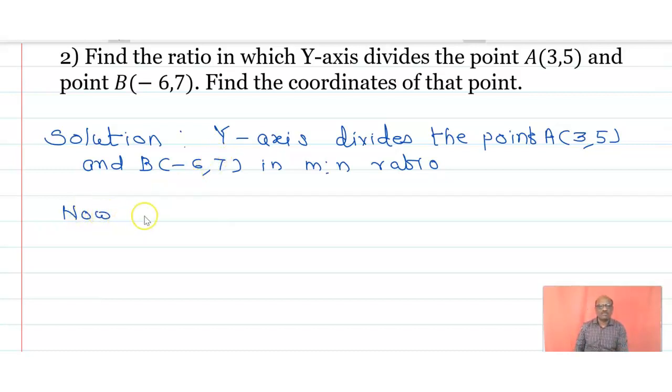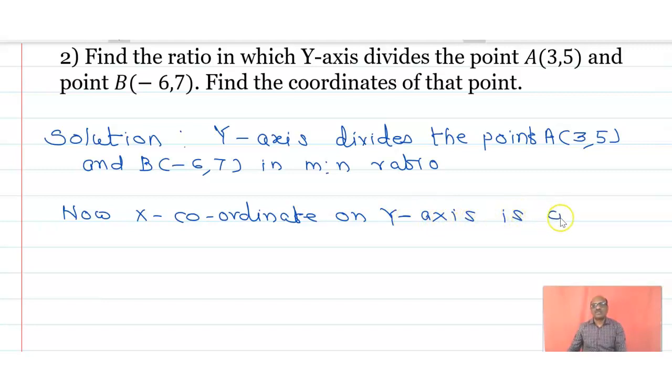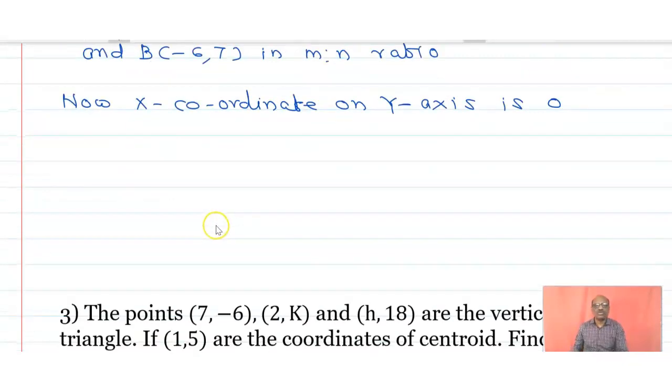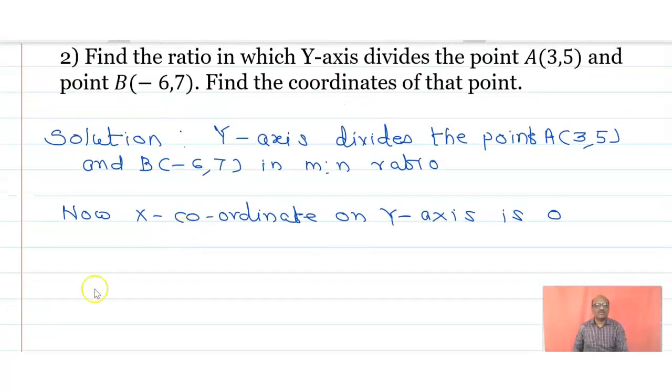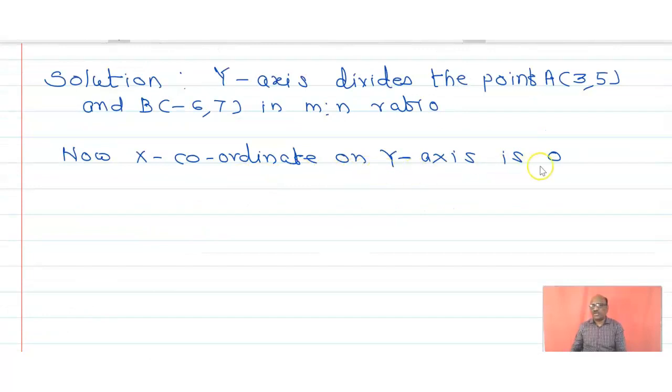Now x coordinate on y-axis is 0. मग याच्या साईडने आपण काय करू शकतो की जर समजा इथे आपण नाव x कोऑर्डिनेट ऑन द y ऍक्सिस इज 0 म्हणजे पॉइंट ऑफ डिव्हिजनचा जो कोऑर्डिनेट असेल इट्स 0 x कोऑर्डिनेट.